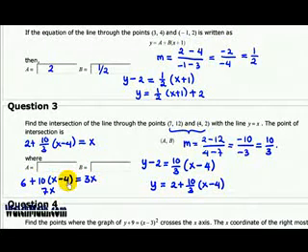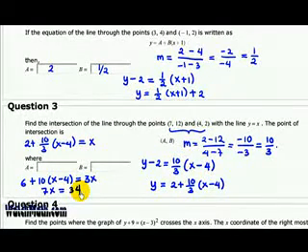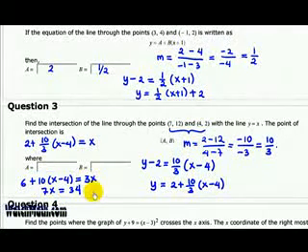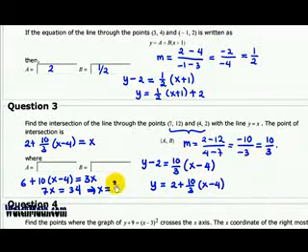And here negative 40 plus 6 will be negative 34, so 7x equals 34. So if we solve for x, we have x is equal to 34 over 7.